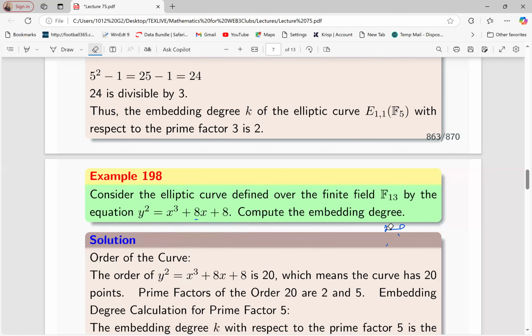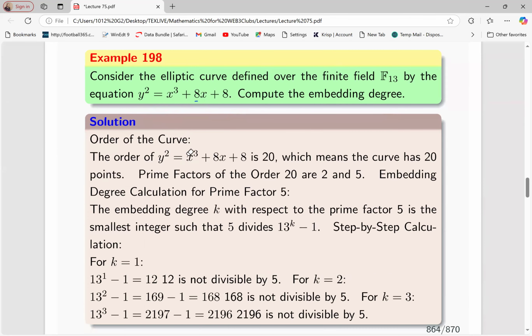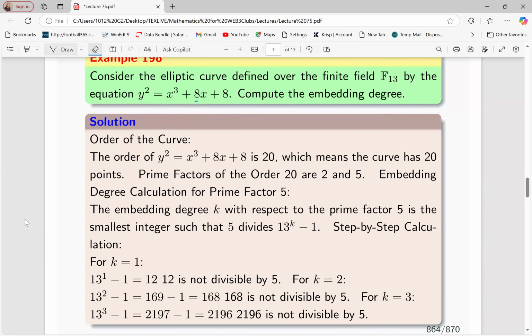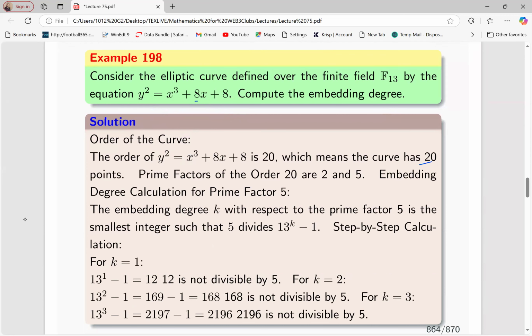Of course, those are the prime factors of 20. So that's what I've said. The group has 20 elements, and 20 has 2 prime factors, 2 and 5. Therefore, we need to get the embedding degree for this and the embedding degree for this. So I began by calculating the embedding degree for factor 5.